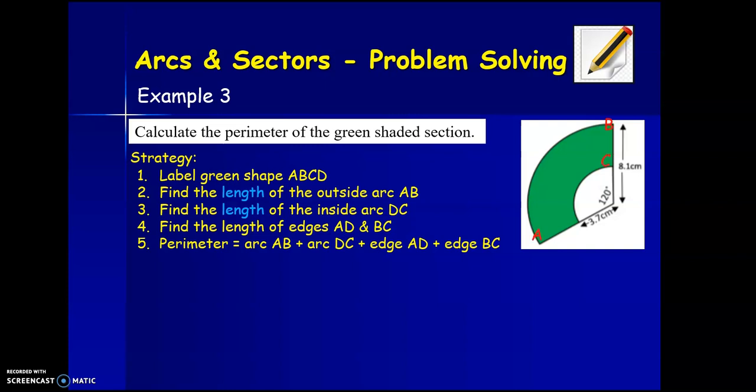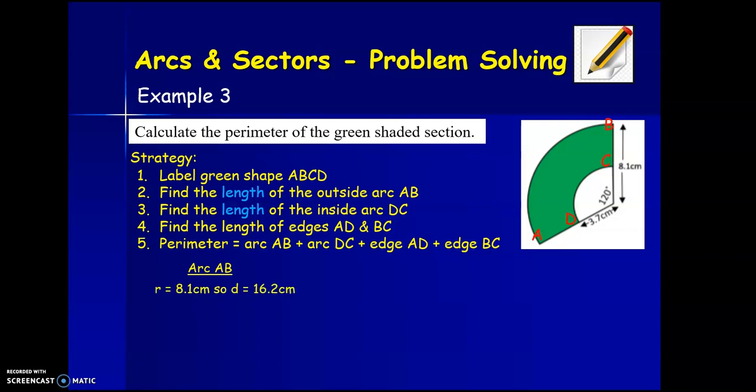We're going to find the length of the outside arc AB. We're going to find the length of the inside arc DC. We're going to find the length of the edges AD and BC, and then we're going to add them all up to find the perimeter. So firstly, arc AB.